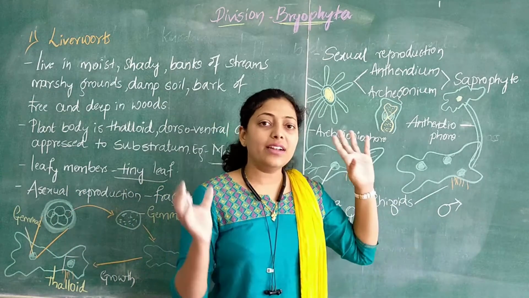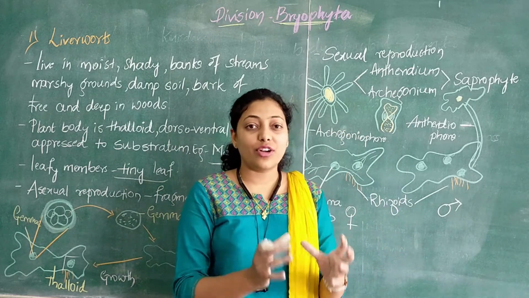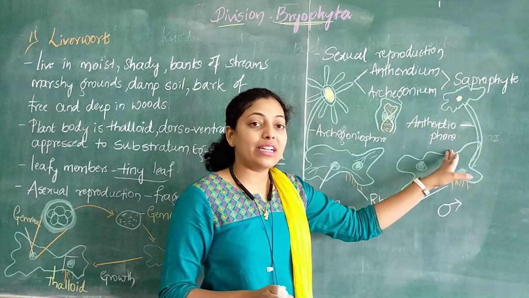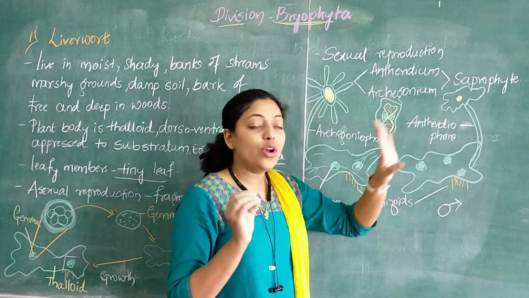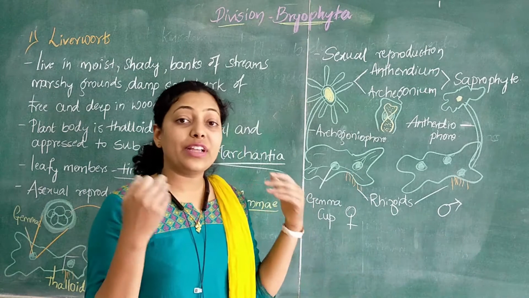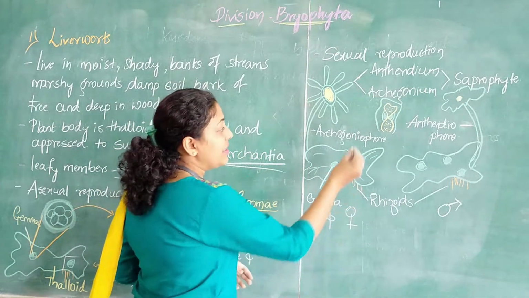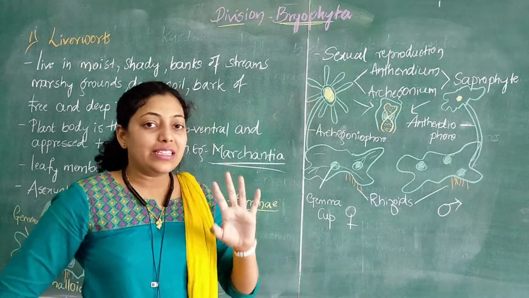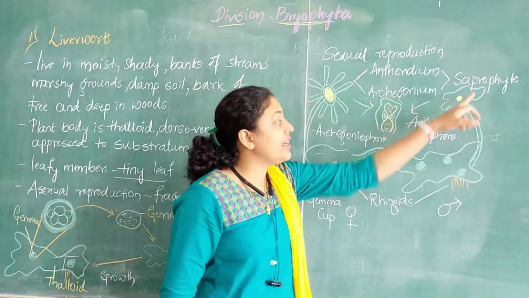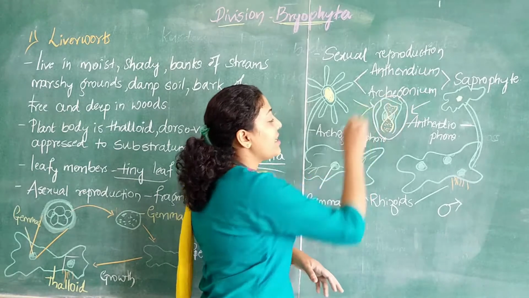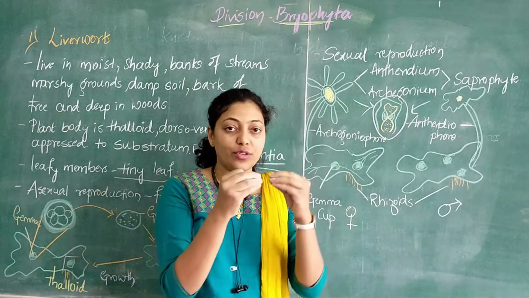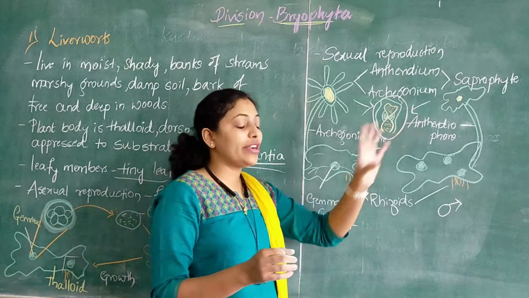The male plant consists of the sex organ called antheridium, on the antheridiophore. When the gametes are produced, they undergo fertilization to form the zygote, and the zygote develops into the sporophyte. So this is the sporophyte. The haploid plant undergoes fertilization to form a diploid zygote.